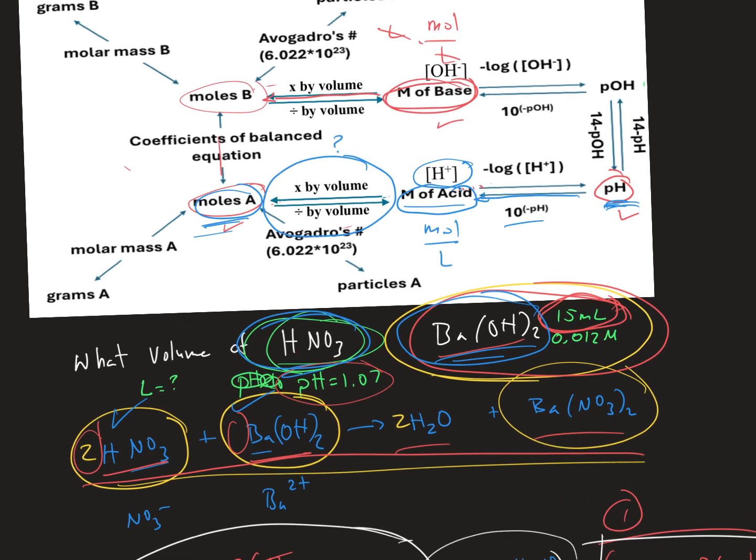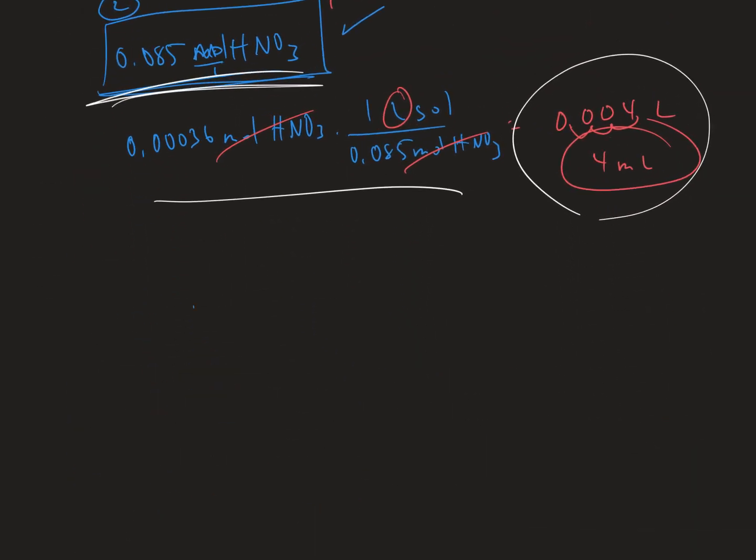So in this case, we have HNO3. We're dealing with the acid. We found H+. How many moles per liter of H+ do we have? Well, in this one, we have 1 mole of H+, because there's only a 1 right there within the compound. So we don't use the balanced equation here.